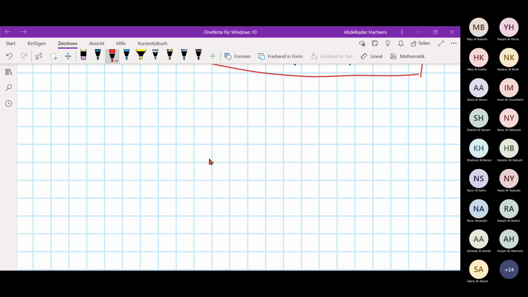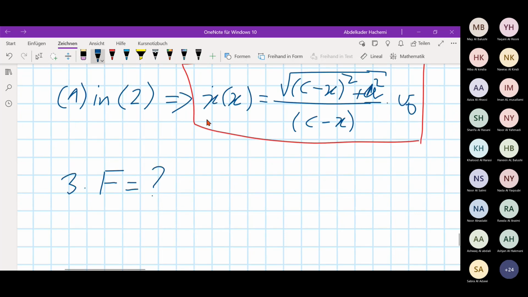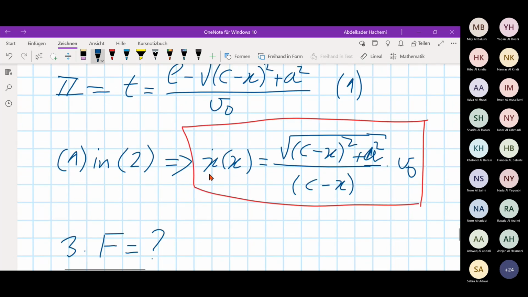Now, if we look at that expression, we can get the forces, the cable forces, let's say F, in part 4. What we know is x dot. We can get the expression of x dot dot as a function of x.